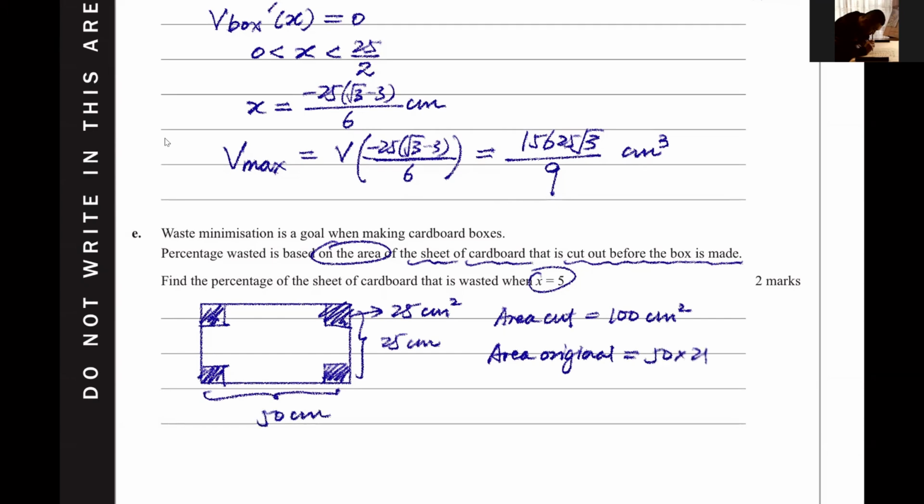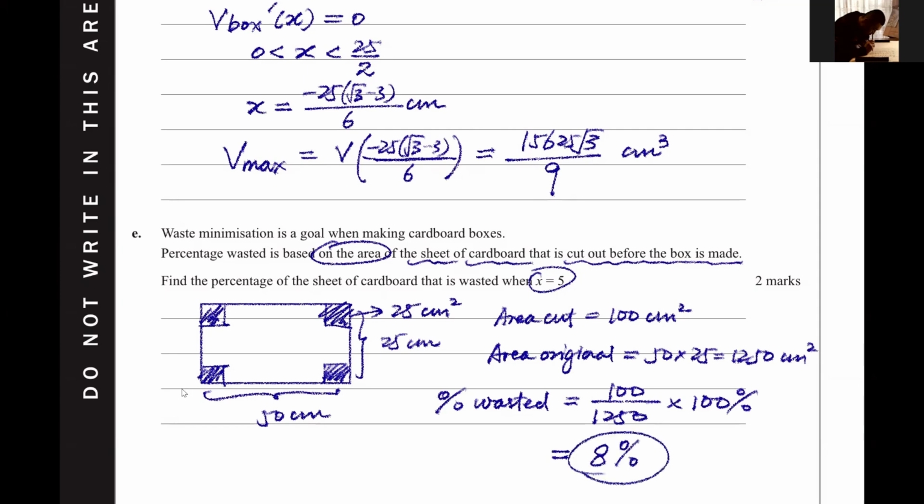So 50 times 25, which is 1250 centimeters squared. So the percentage of area of material wasted is 100 divided by 1250 times 100%. So that will be 1/8, I suppose. Let's double check with the CAS calculator. 100 divided by 1250. Yep, it's 8%. Okay.